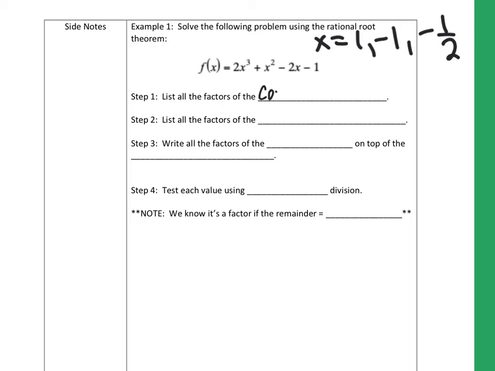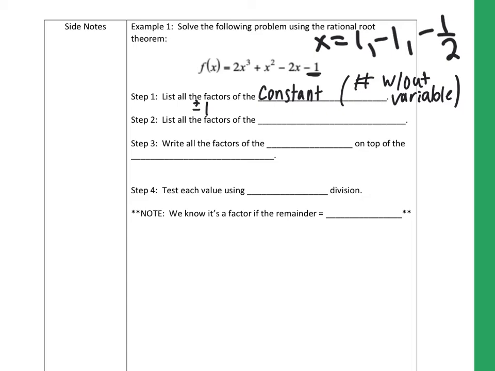And again, that's always the term that doesn't have the variable, the number without a variable. You don't have to write that down if you know what that is, but if you want to take good notes, go ahead and do that. So my constant here is -1, so technically +1 and -1 would be a factor of that.